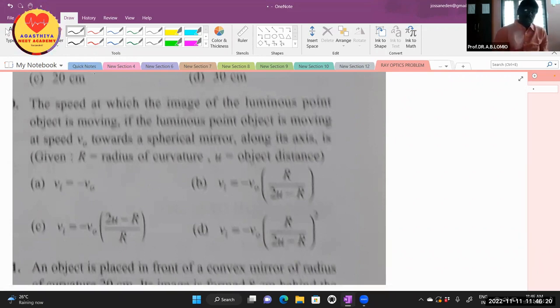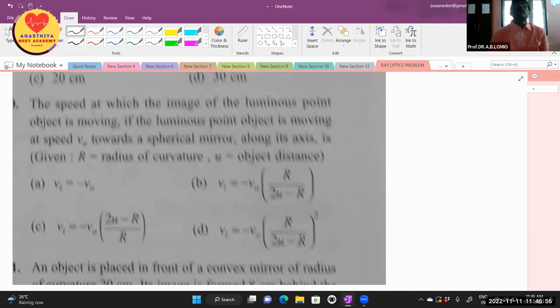Option B, Vi is equal to V0 into R divided by 2U minus R. Option C, Vi is equal to V0 into 2U minus R divided by R. The last option, Vi is equal to V0 into R divided by 2U minus R, whole square.